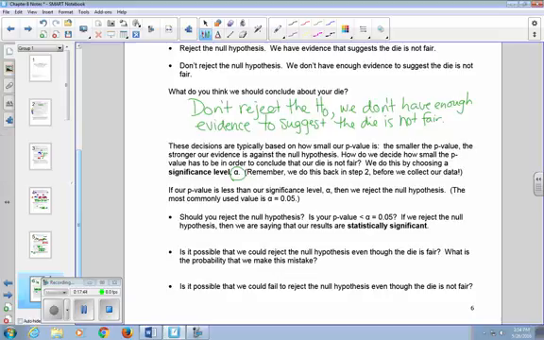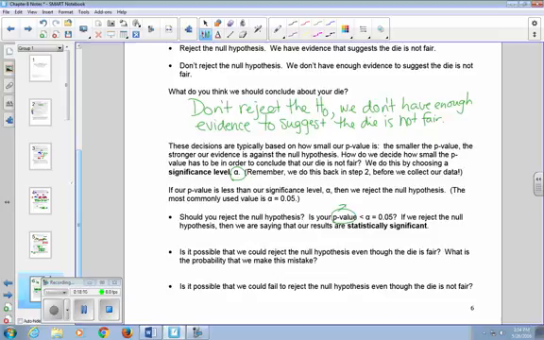Most commonly used value is alpha equal to 0.05. So given this, should we reject the null hypothesis? That's another way of asking, is your p-value less than alpha? Is it less than 0.05? If we reject the null hypothesis, then we are saying that our results are statistically significant. So note that our p-value, double check this, that was 0.1902.